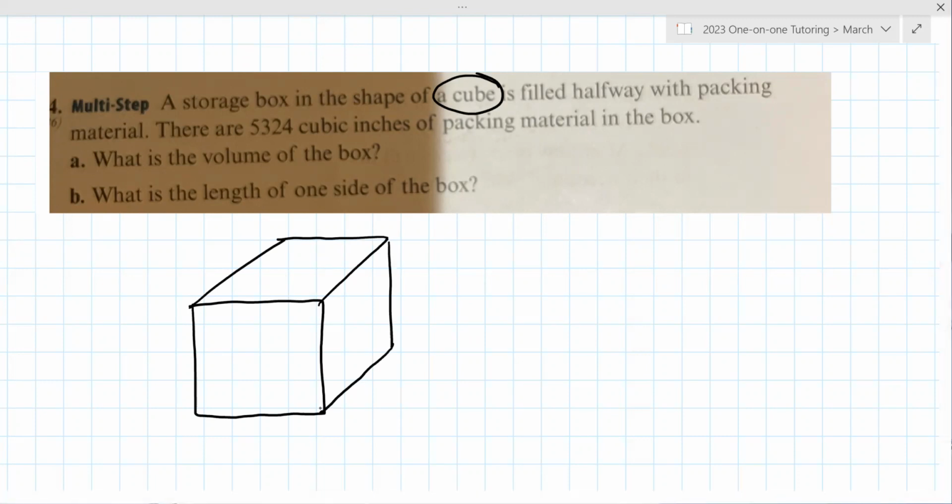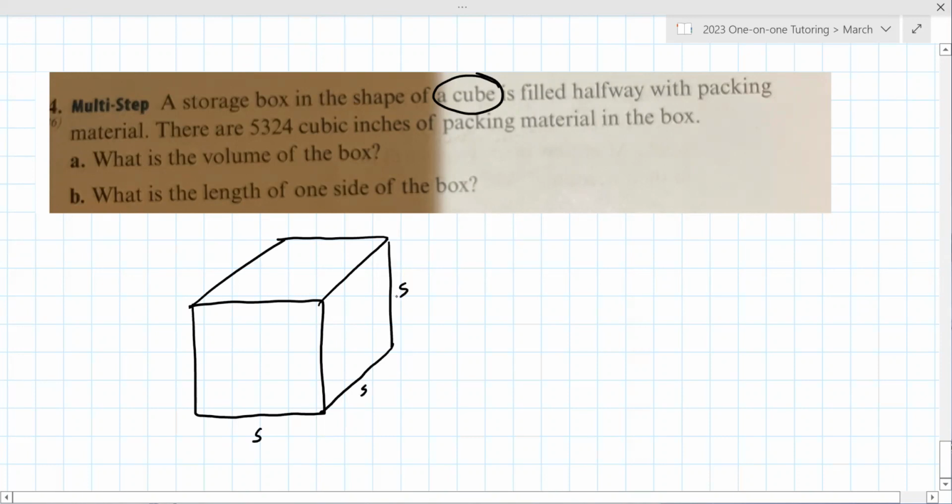And to calculate its surface area, let me be more specific here. What do you know about each side in a cube? So width and the length. So in a cube, it's assumed that all the sides are the same length.